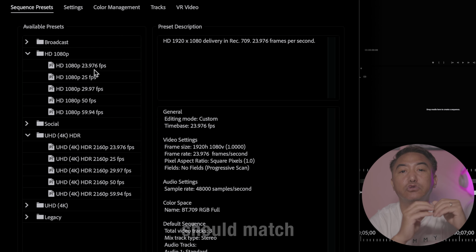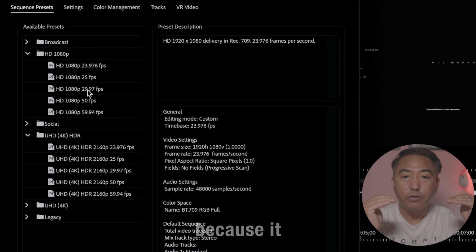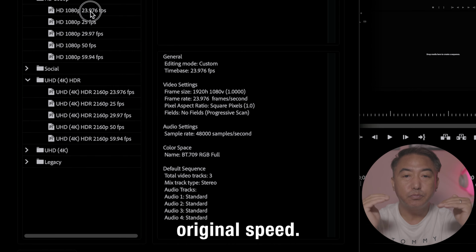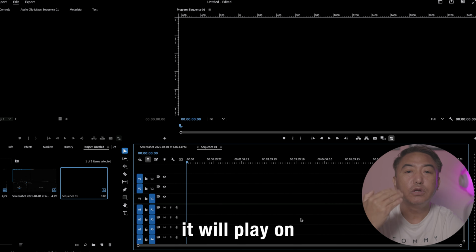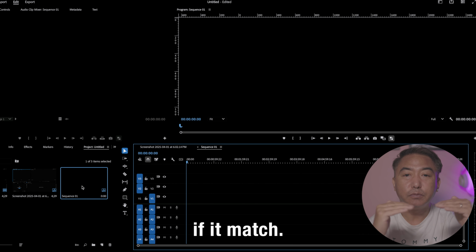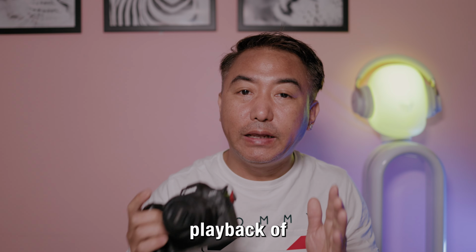And this frame rate should match most of the time because it will play at the original speed. What you capture will play at that speed if they match. But if your frame rates do not match, then the playback of your video will not be normal.